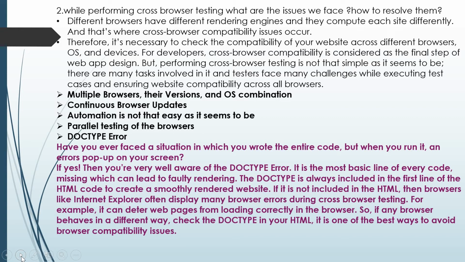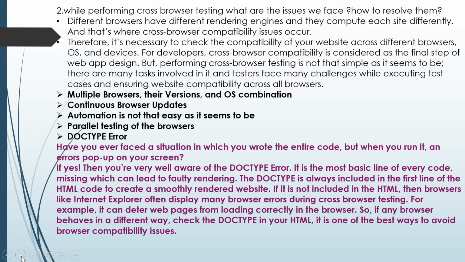They update their browser with new tools or maybe a new design. That update has to be taken care of, and automation is not as easy as it seems, because if something has changed in the UI, it will be difficult for us to manage those compatibility issues. Then there is parallel testing of the browser.